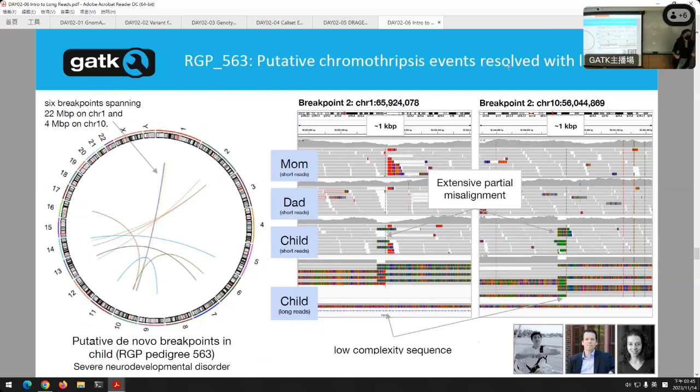So they did long read sequencing, and it turns out that this patient had a chromothripsis event. And chromothripsis has been described as chromosome shattering. So a whole bunch of different chromosomes broke apart and then got stuck back together in ways that they were not supposed to be stuck together. So this is a pretty rare and deleterious type of event.